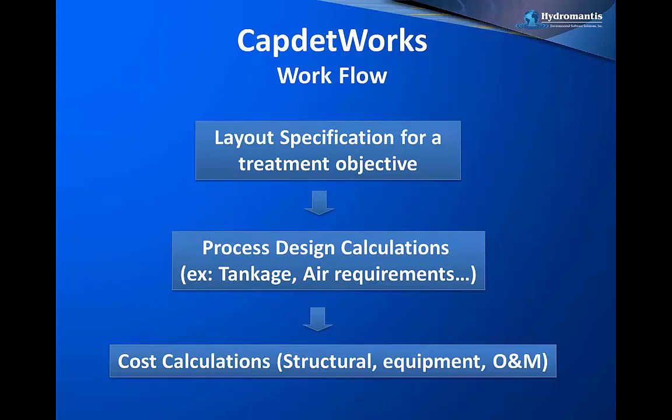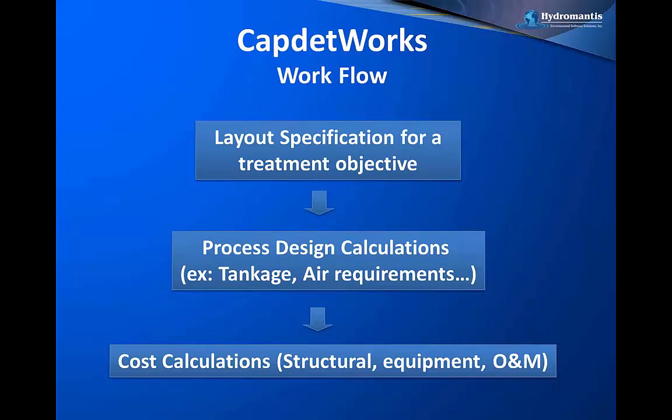Once you have done that, the second step is the process design calculations, which are automatically done by CapdetWorks. During this step, we are estimating, for example, what are the volumes required, what are the airflow requirements for that particular unit process, and based on those estimates, estimates are then fed to the costing module where different cost calculations are done.